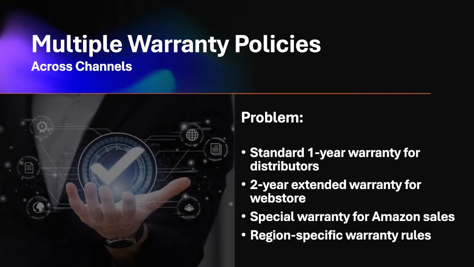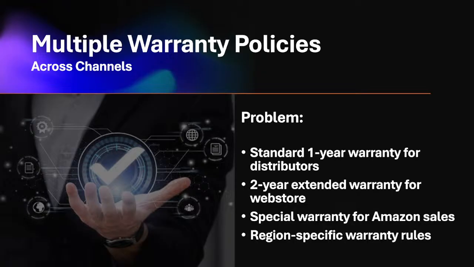Because you are getting the serial number. When you get the serial number, you have to understand through which channel it was sold, and what is the warranty claim period that you have defined for that channel.